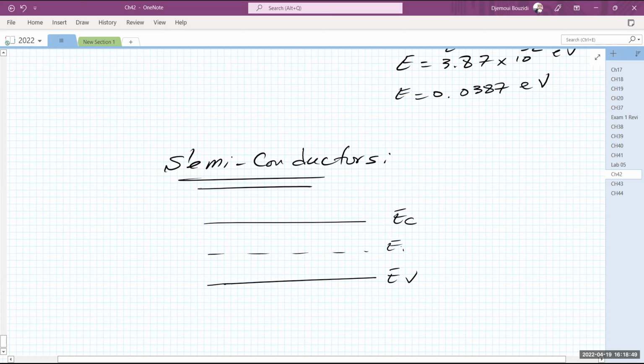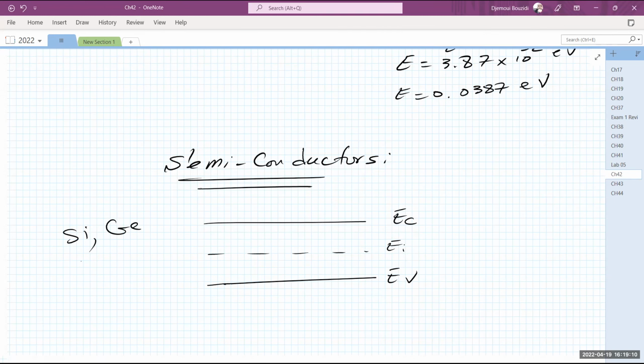It's going to be called the intrinsic Fermi level because this is how a normal semiconductor is. This is either silicon or germanium. Those are the two types that exist in the periodic table on the 4th column, just below carbon.